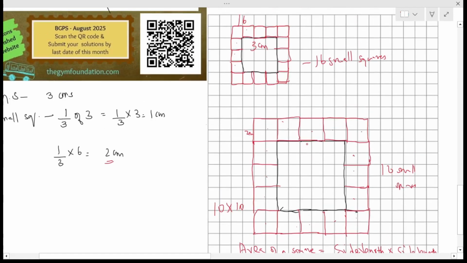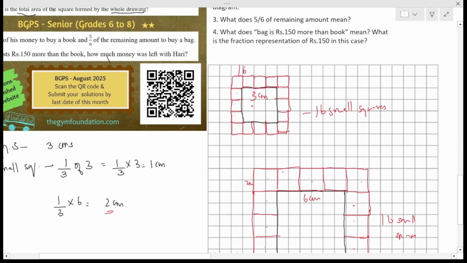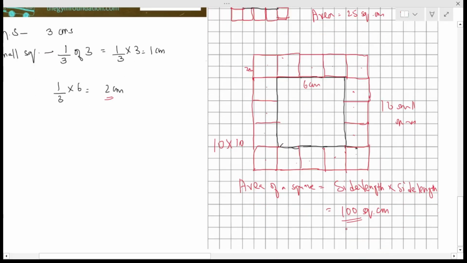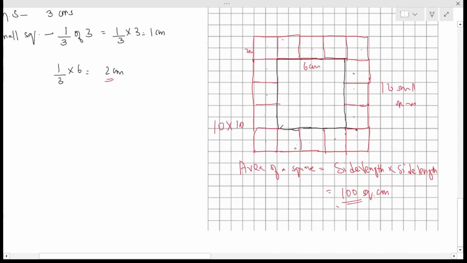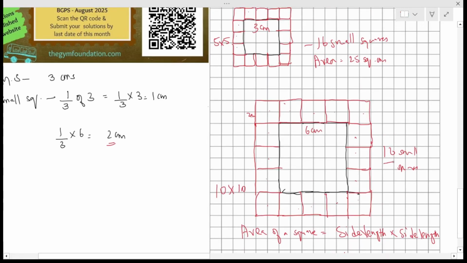So when the middle square side length is 6 centimeters, you get an area of 100 square centimeters. And in our sample example, it was 5 times 5, so you get an area of 25 square centimeters. For the actual question, the area of the entire square will be 100 square centimeters, and the total number of squares is the same, which is 16 small squares.